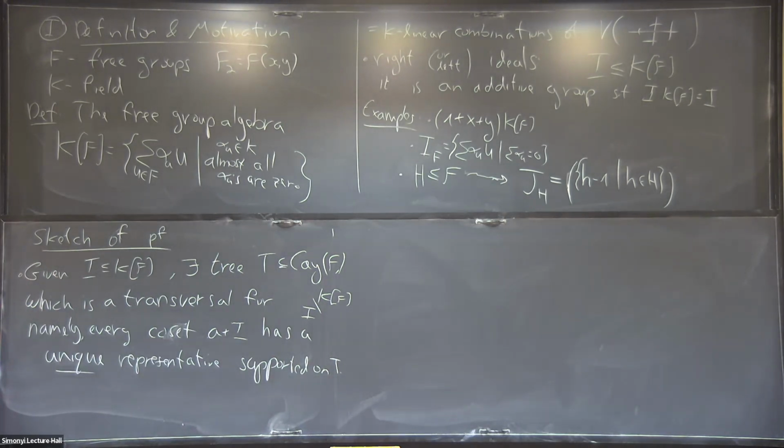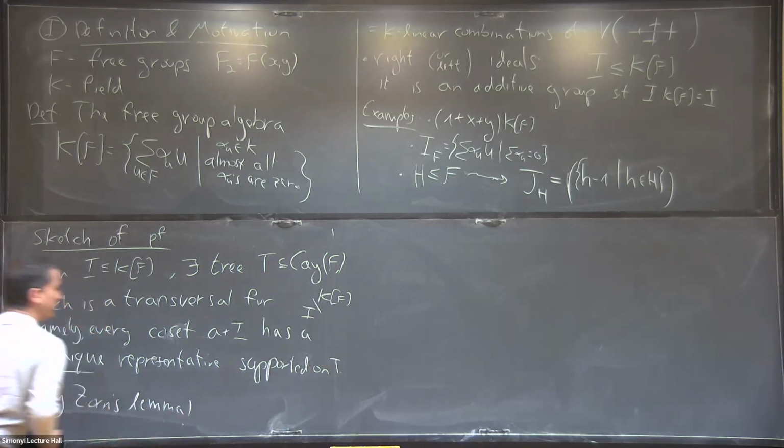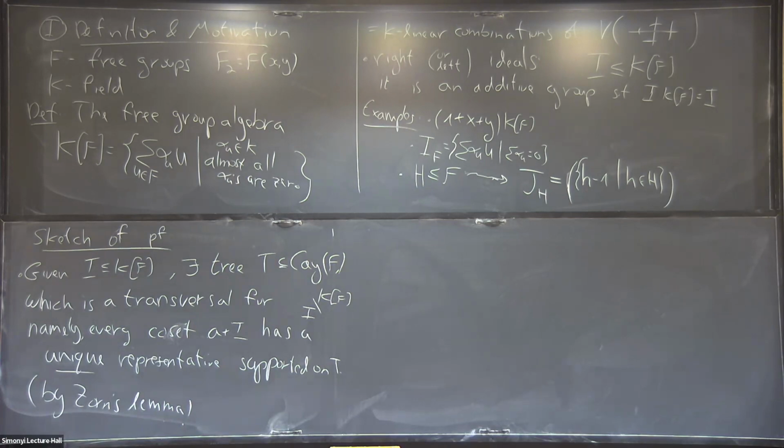I'm looking at the Cayley graph. Of course, if you take just any vertex in the tree, then, let's say this is a proper ideal, if you just take one vertex, it will be a partial transversal.